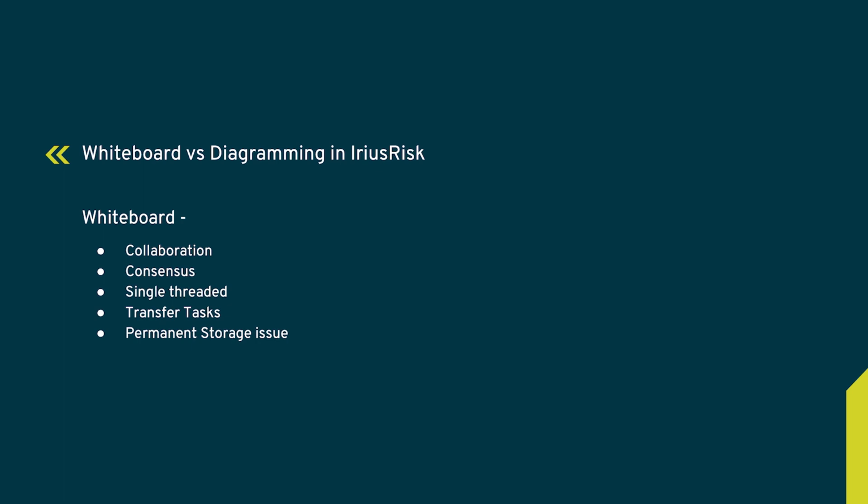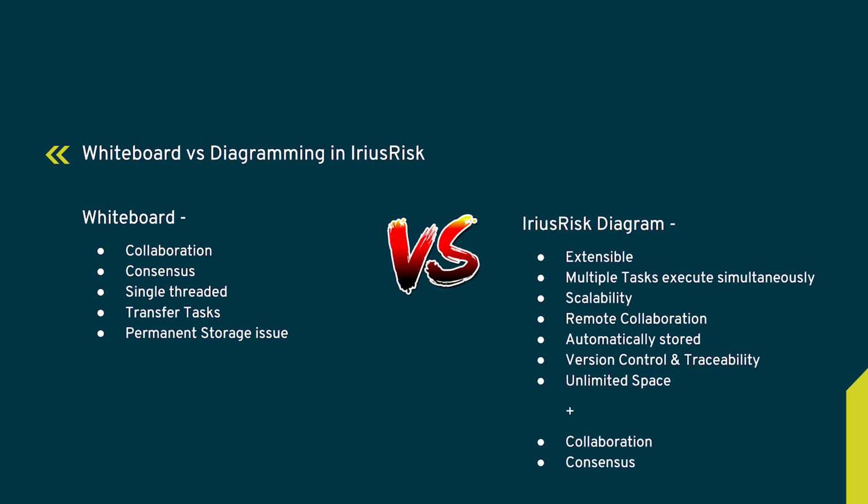But now, if you compare and contrast that with what IriusRisk has to offer, now we start adding in, okay, we're an extensible diagramming tool. And what I mean by that is that as you're creating items on that diagram, you have the ability to reach out through API interfaces. That way you can start working with other applications and other data sets outside of IriusRisk.